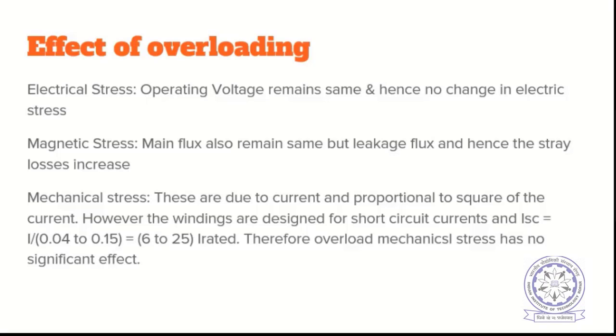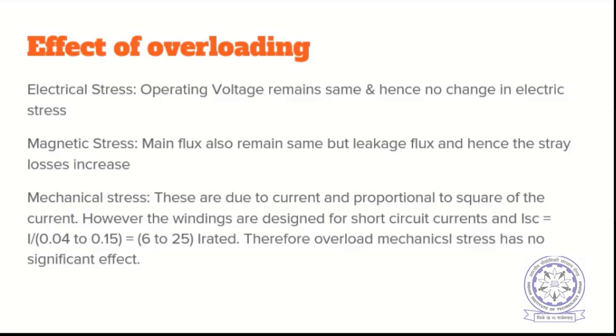These losses are known as stray losses, which happen due to leakage flux. So when the current increases, or when you are overloading the transformer, the stray losses will increase, but main flux remains same. The stray losses are not that much actually, so the effect is minimal, we can consider.